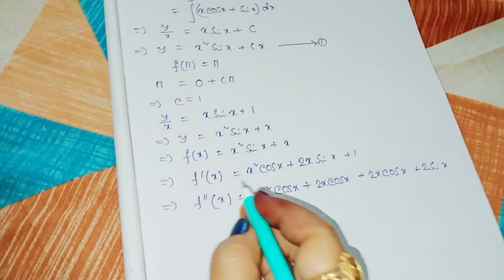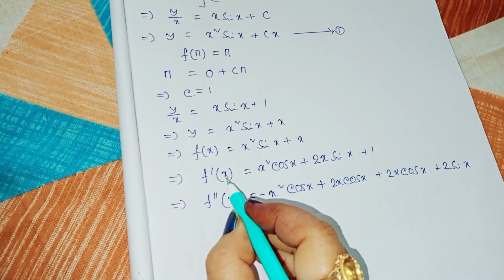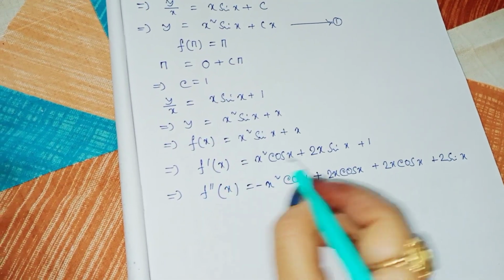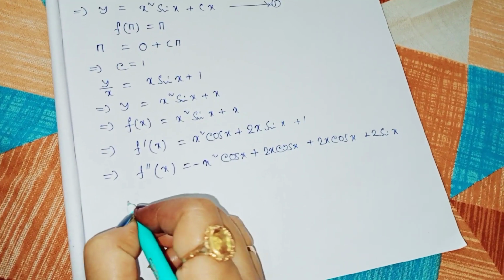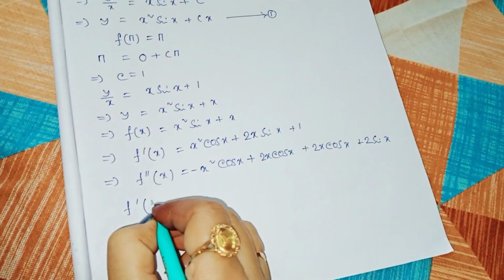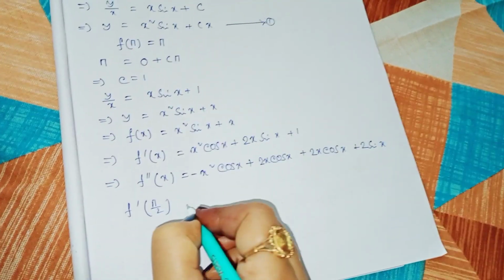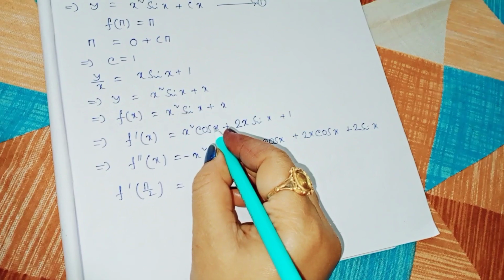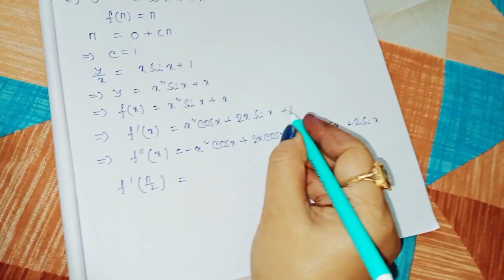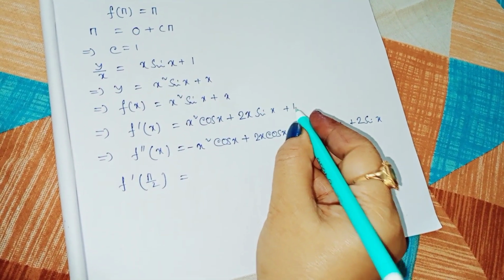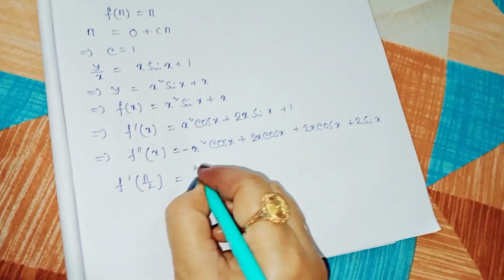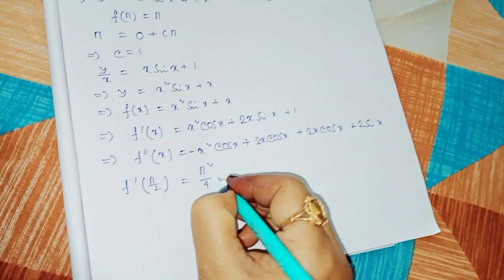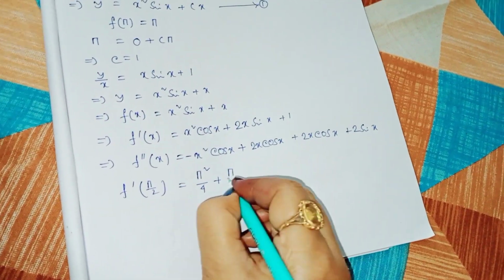So putting pi by 2, f(pi/2) is equal to what? f(pi/2) is equal to x squared, it is pi by 2, sin pi by 2, plus 1. So it becomes pi squared by 4 plus pi by 2.